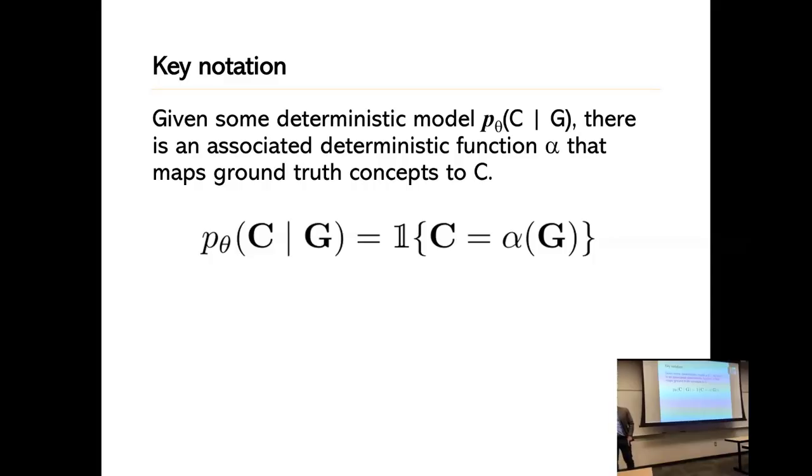So they introduce this notion of a function alpha, where they say that for some deterministic model P theta, there is an associated alpha function that maps the ground truth concepts to C. Now in P star, alpha of some C is going to equal C. It's going to be different from anything else.